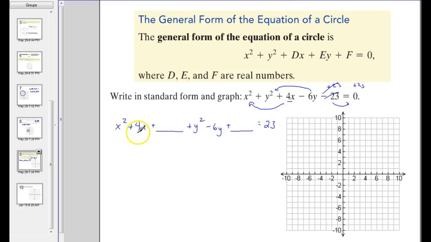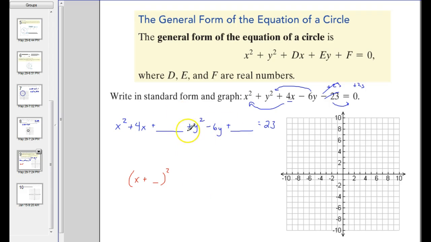And to complete the square, if you remember this process, you're trying to make something that looks like x, in this case because this is positive, x plus some number squared, that when I expand this out, if I FOILed it out, I'd get these three terms, x squared plus 4x plus whatever this is.